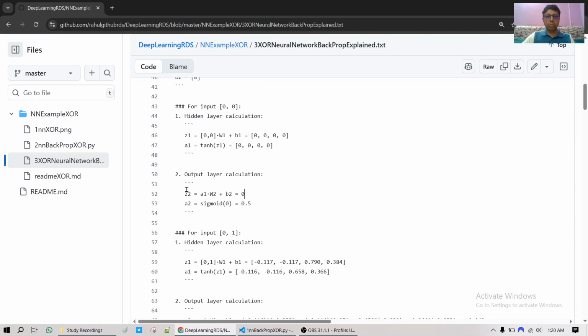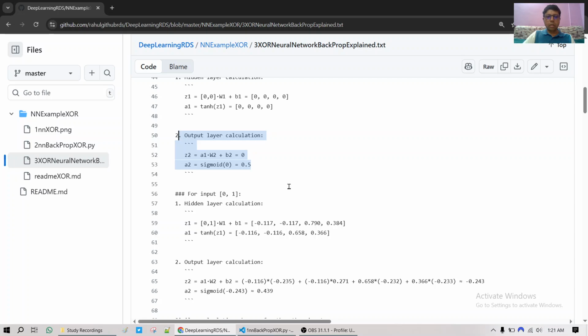In the output layer calculation, the output of the hidden layer with the weightage of the output layer gives 0, and the sigmoid of 0 is 0.5. So for the input 0 0, we got an output of 0.5.